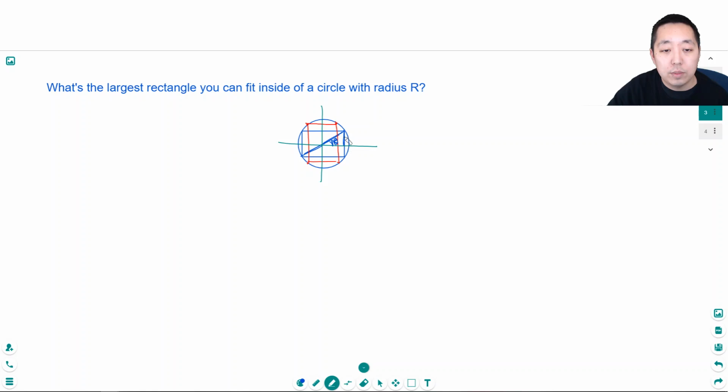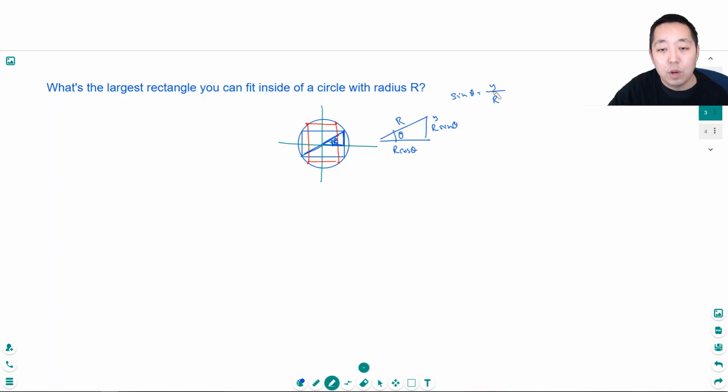Well, we know the x-coordinate then, if I have this triangle, is r cosine theta, and this is r sine theta. That's because sine theta has to be this side, we'll call it y, over r.